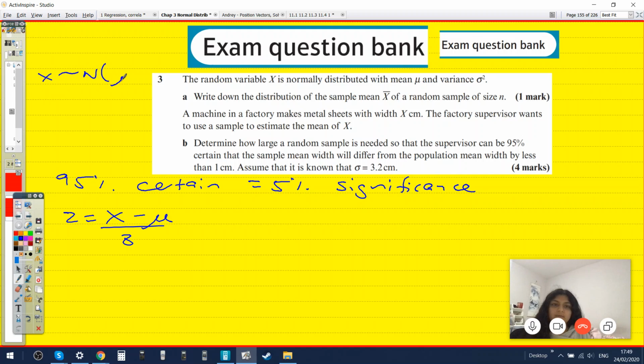We're assuming mu and the standard deviation is 3.2. Determine how large a random sample is needed. So 5% will be different from the population mean width by less than a centimeter.